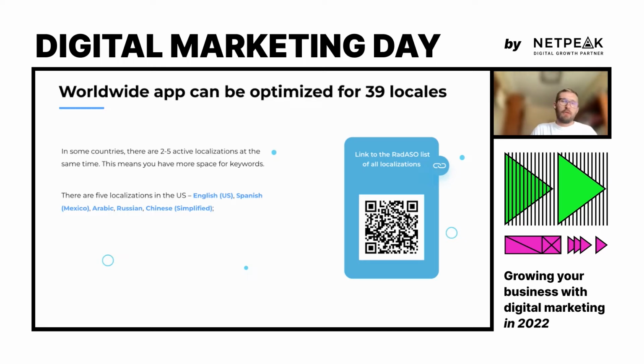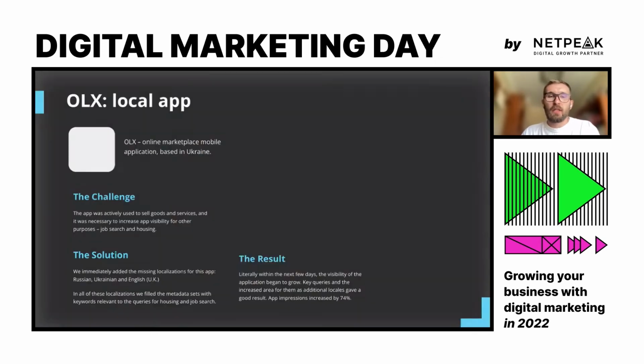If you have a worldwide application, you just need to prioritize the localizations and optimize all of them, going from the most interesting markets, from markets with the highest revenue, highest number of installations, highest search popularity, amount of keywords. So going in this way.